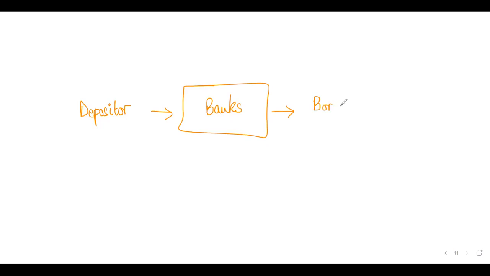And borrowers make use of that money. They can buy something for themselves, like a new car or a new house, or they can invest this money in a business or something of the sort, right?